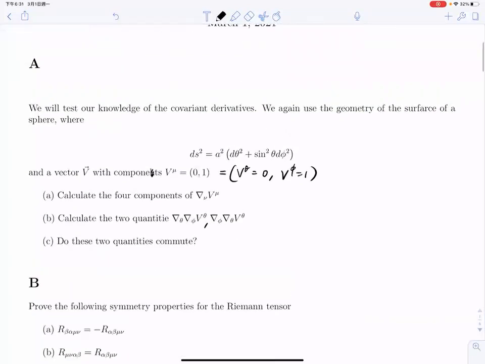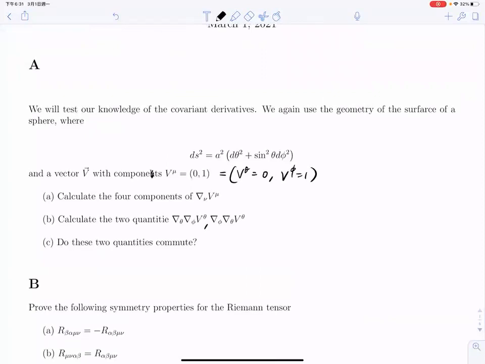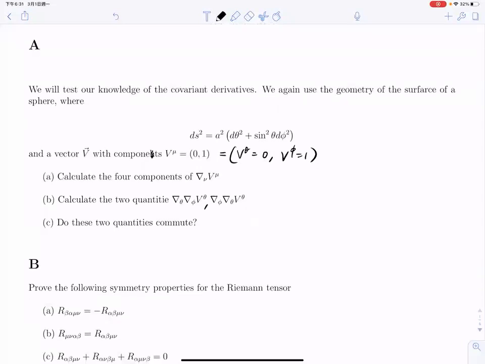For the first question, we are going to test whether you are familiar with the covariant derivatives. We use the geometry of the surface of the sphere, where we have such a line element ds squared, and a vector v with components v^mu equal to (0, 1).